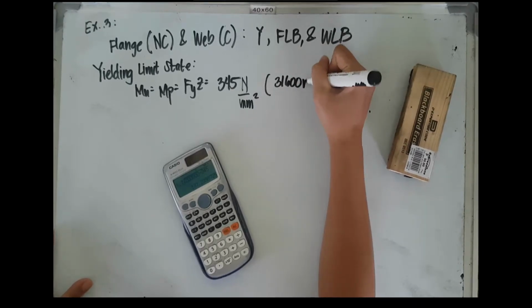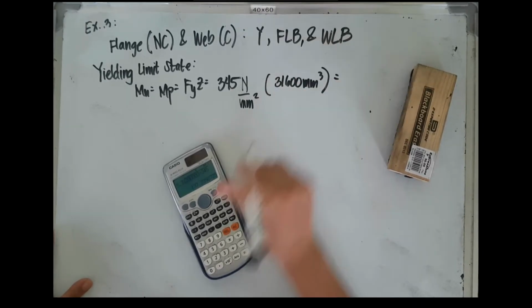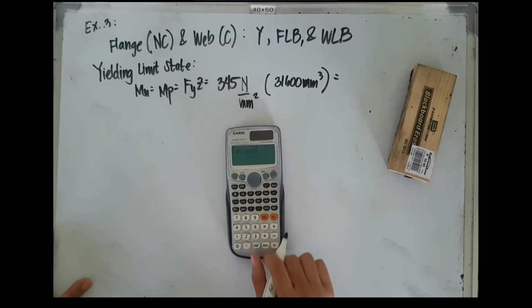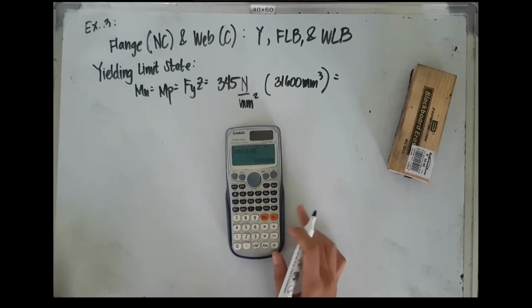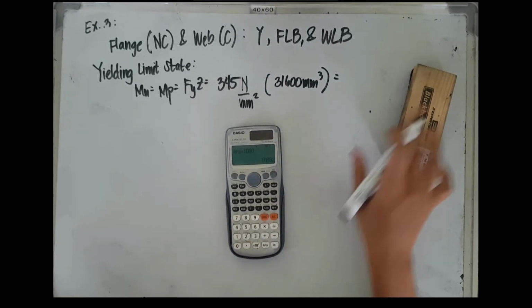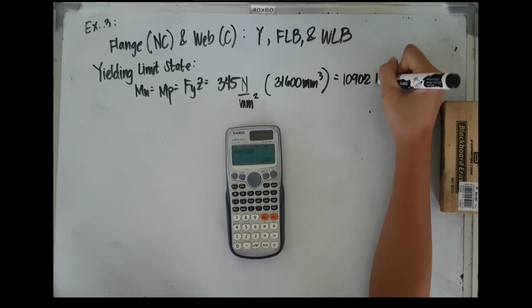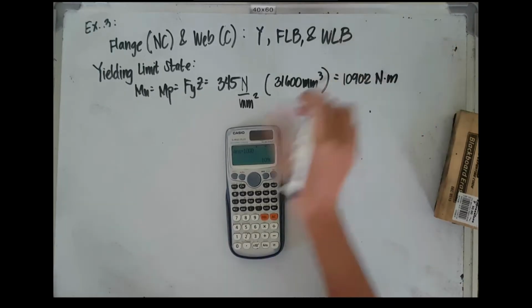Our plastic modulus is equal to 31,600 mm raised to 3. You can find that in the table or the steel table. So our nominal flexural strength would be equal to 10,902 Newton meter.